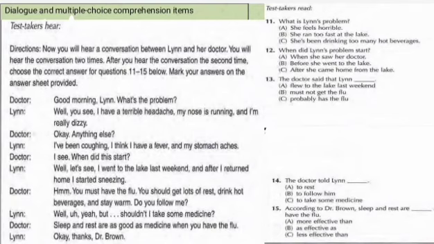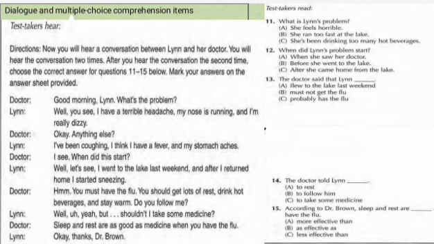Okay, let's take a look at the example about dialogue and multiple choice comprehension items. The monologues, lectures, and brief conversations used in such tasks are sometimes a little unnatural, but we can create reasonable, authentic stimuli with some care and creativity.